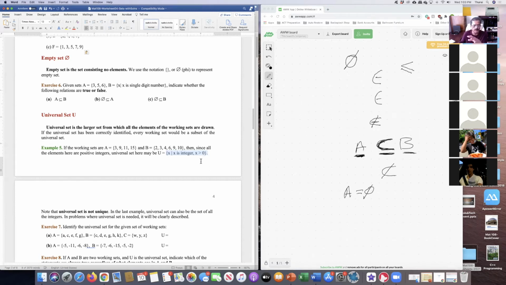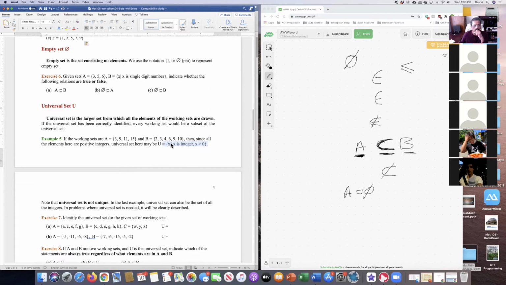You have to make sure all the sets you're dealing with are subsets of the universal set that you chose. Whatever universal set you identify, all your sets must be subsets of it. That's when your universal set is correct. Instead of saying my universal set is the set of all x such that x is an integer, if I say the set of all x such that x is positive, that would be all positive numbers, not necessarily integers.